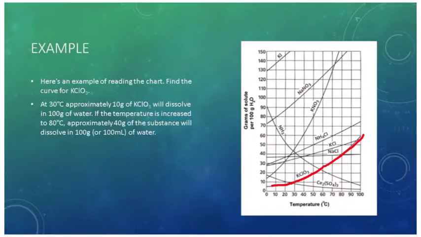So we go to 30 along the temperature side, and then where it hits the graph is approximately 10. If the temperature is increased to 80 degrees Celsius, approximately 40 grams of substance will dissolve. So we go to 80, and then over, we get approximately 40.